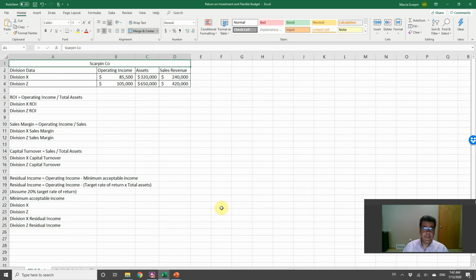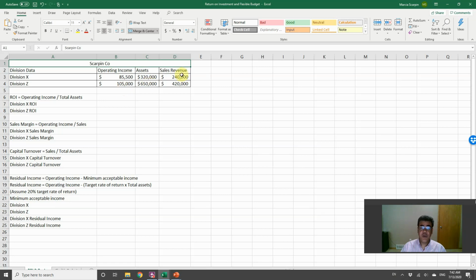Okay, let's go to our Excel file. So here we have Scarp Incorporation with two divisions, Division X and Division Z. Operating income, 85.5 for Division X and assets 320. Division Z, operating income 105 and assets 650.